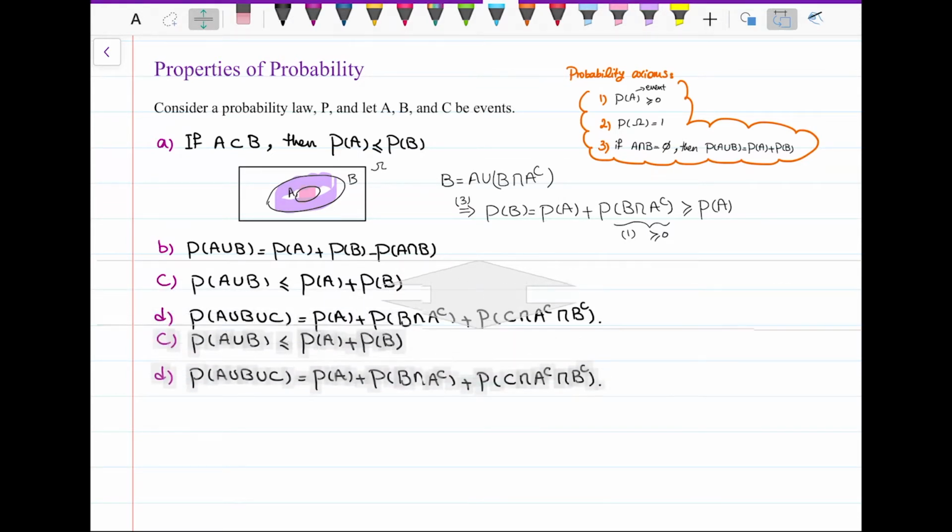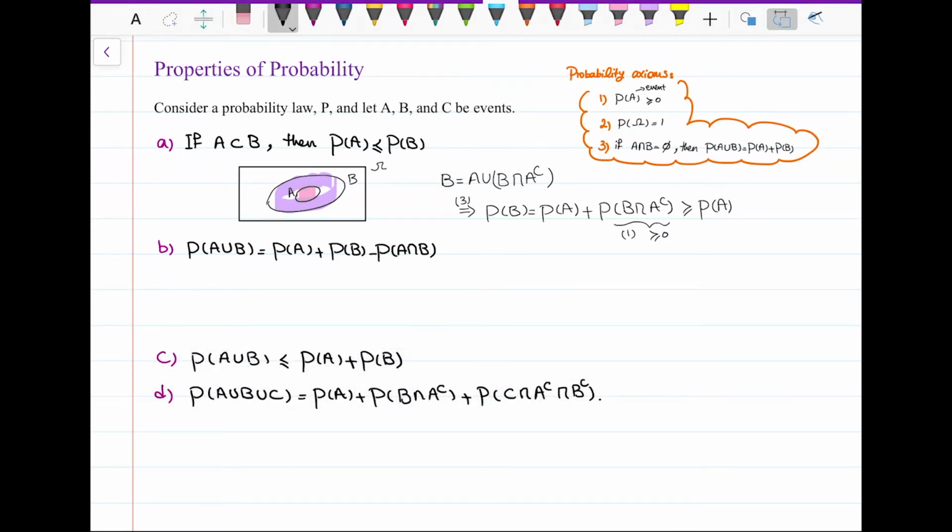So let's go to the second one. Probability of A union B is probability of A plus probability of B minus probability of their intersection. Let me have 2 Venn diagrams actually here.